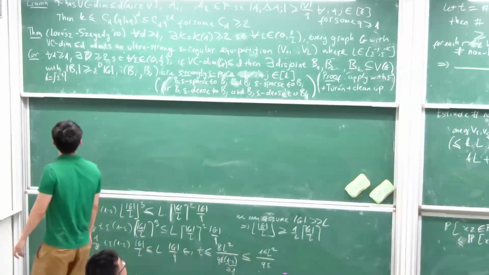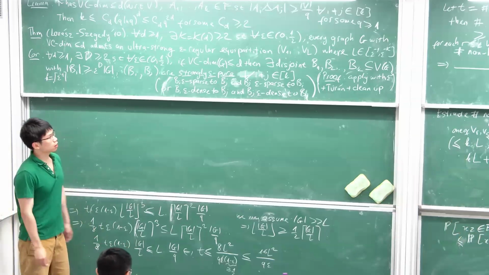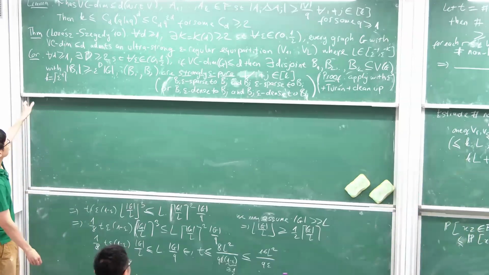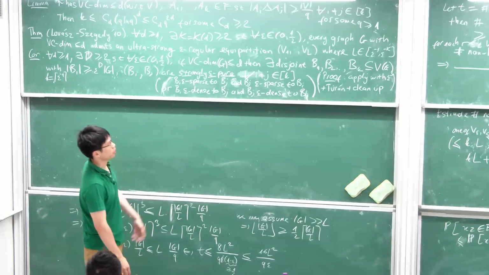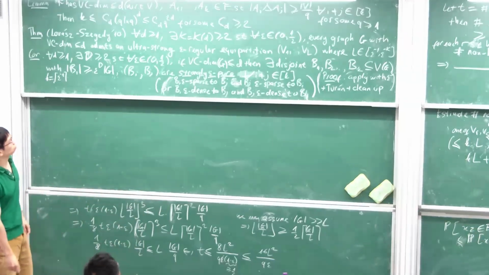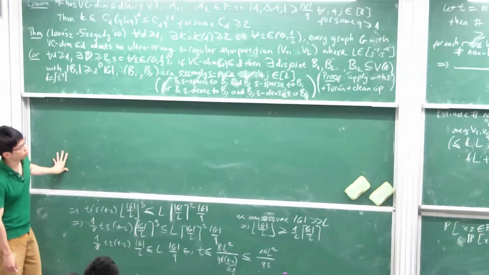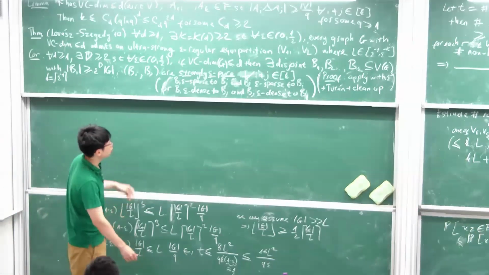Yeah, so we continue with this VC dimension business, and I have just written a probably straightforward corollary of the ultra strong regularity lemma, which would be useful in the proof of the Erdős-Hajnal conjecture for graphs of bounded VC dimension.